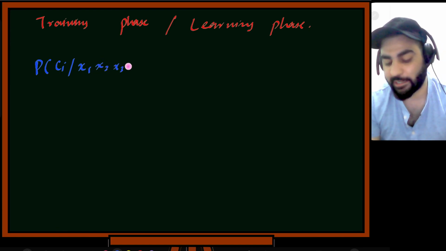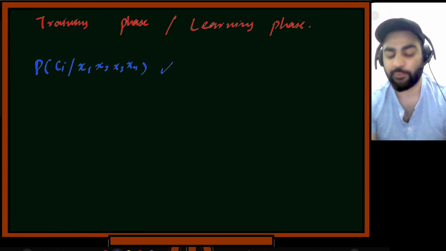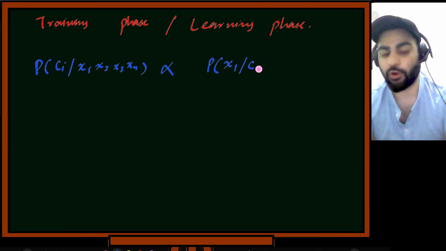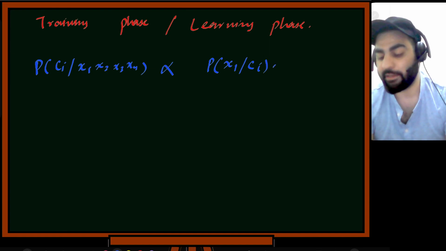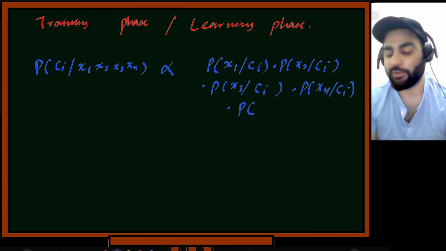From the naive Bayes classifier, this is proportional to the probability of x1 given class Ci, multiplied by the probability of x2 given class Ci, multiplied by the probability of x3 given class Ci, multiplied by the probability of x4 given class Ci, multiplied by the probability of class Ci.